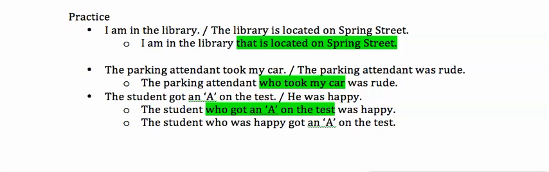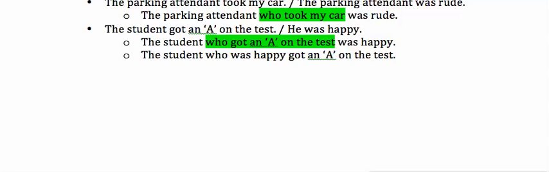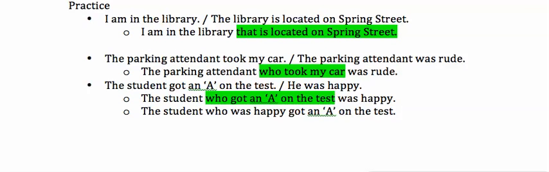Okay. Now, there are a couple different types, actually 3 types of adjective clauses. One is, of course, a subject-relative clause. And I'm just going to take one of these sentences up here. Why don't we take this one?